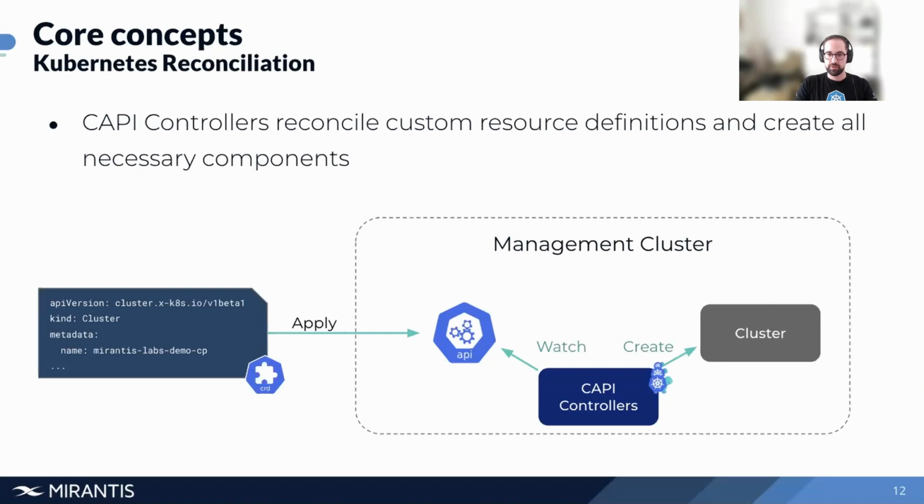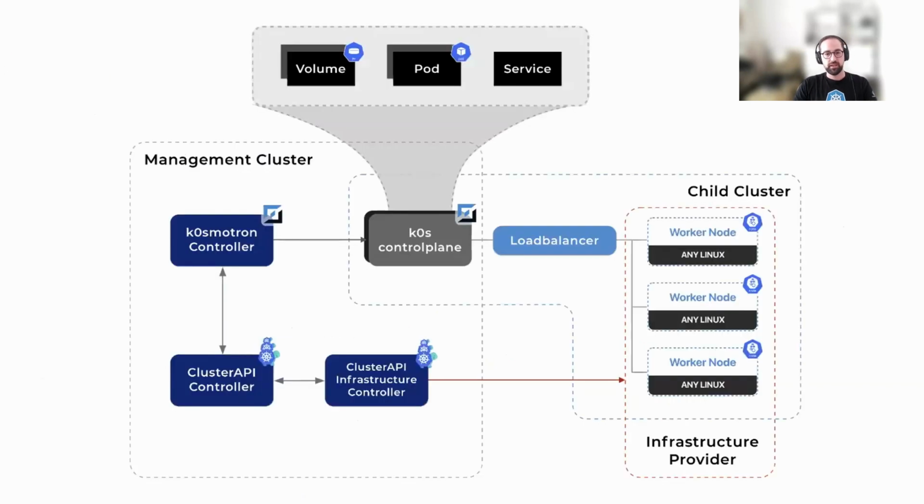In our case, when we look into k0smotron, it looks like this. So on the left, you have the management cluster. We've already talked about the different controllers. So we have the Cluster API controller that is orchestrating the different controllers. We have a controller that is talking to the infrastructure provider. And we have the k0smotron controller that is creating control planes.